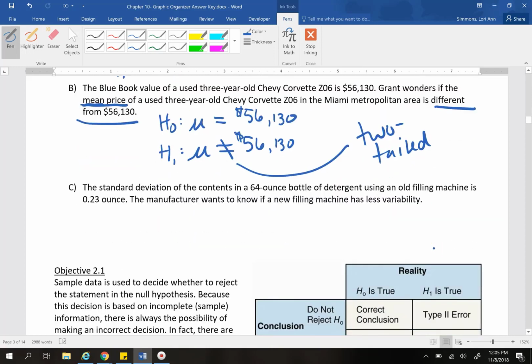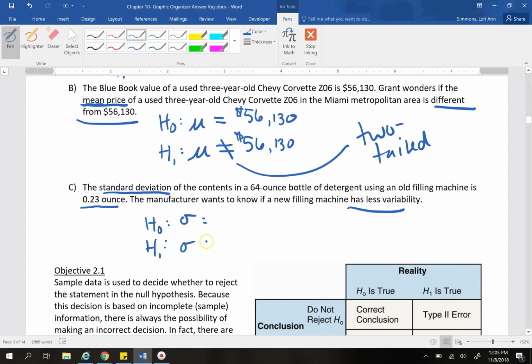And the standard deviation of the contents in a 64-ounce bottle of detergent using an old filling machine is 0.23 ounces. The manufacturer wants to know if the new filling machine has less variability. Okay, now we're working with standard deviation. So put that in there, put your equal.